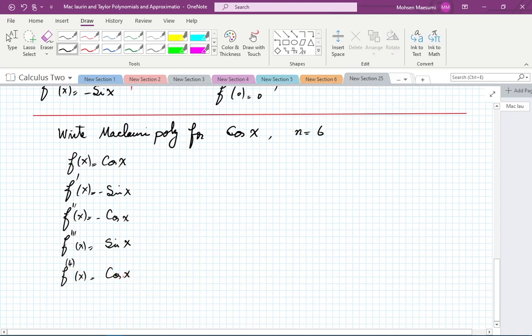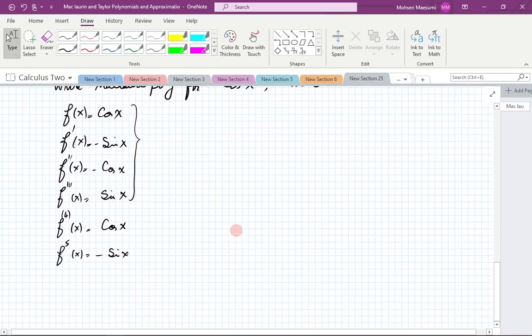So the property of sine or cosine is that after 4 iterations you go back to where you were, and f5 again is minus sine. So this is the repeating block, if you wish. f6, we are back to minus cosine. So at 0, what do I have?